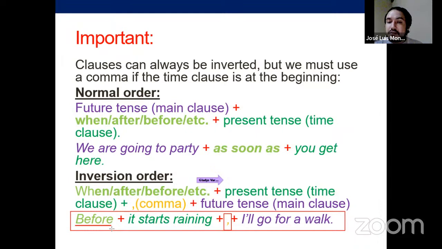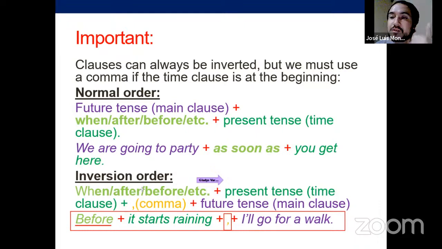Now, I need you to do the following. If you have questions, let me know. But if it's clear, I need you to go to our document, Gladys. You need to go to Google Classroom, classwork, and open the new file that we started yesterday. We're going to write 4 examples using the inversion. As you can see here in the formula, you can use when, after, before, and one that you want.